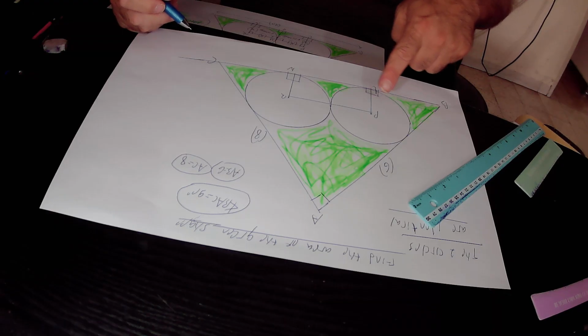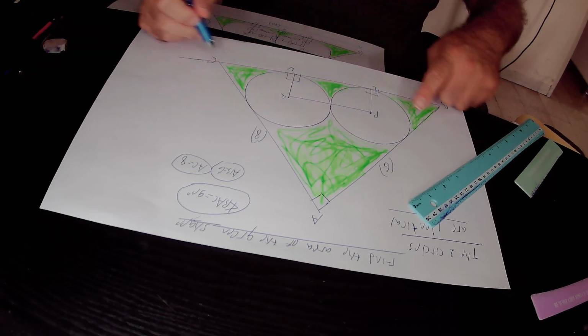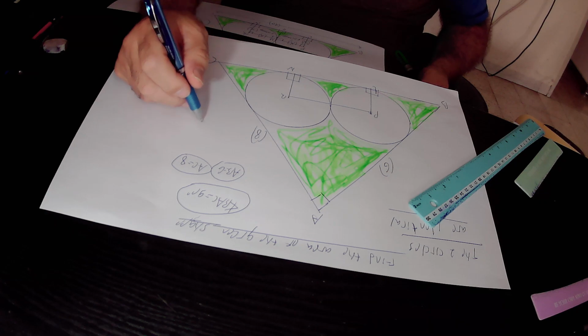But again, we already found out that quadrilateral PQLN is a rectangle.